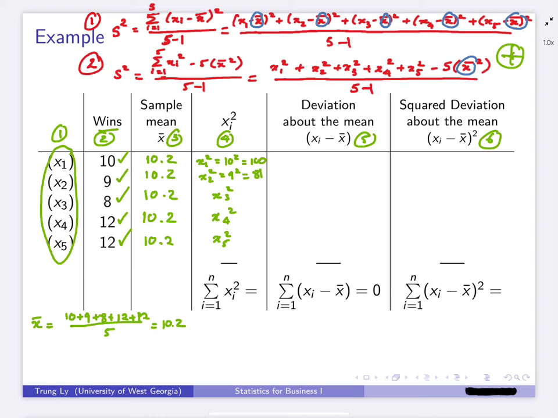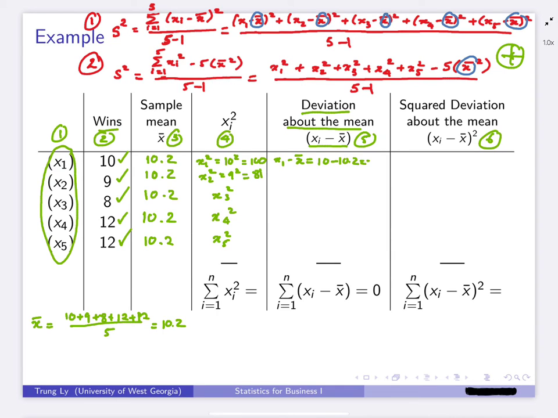Now in column number 5, you want to find the deviation about the mean for each of the observations. So this is basically the quantity xi minus x bar. Basically you want to subtract the mean from each of the observations. So the first observation is x1 minus x bar, which is 10 minus 10.2.